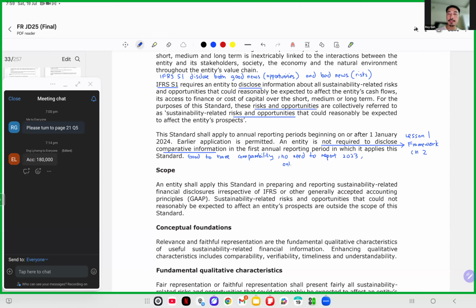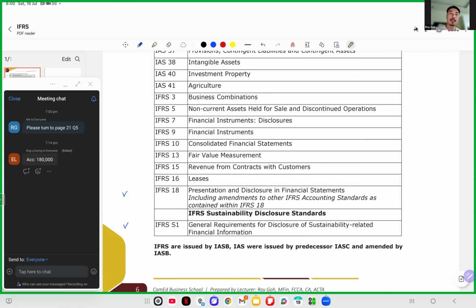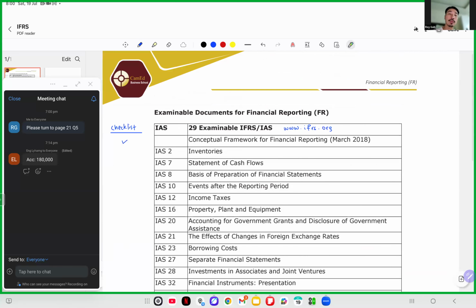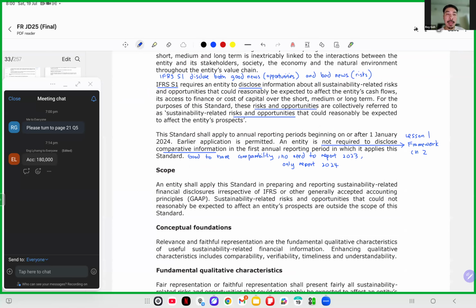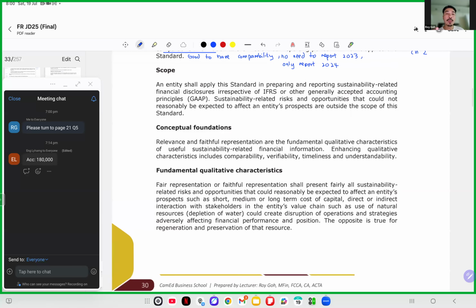You only report 2024 onwards. Do you see what's happening? If you're not sure, you must stop me. Because poor student, you're learning 29 accounting standards. 29 accounting standards, that's a lot. And different accounting standards, obviously, they do different things. So you're reporting all this. Now, what do we report?